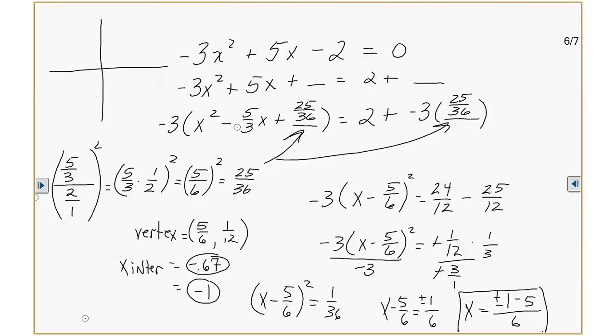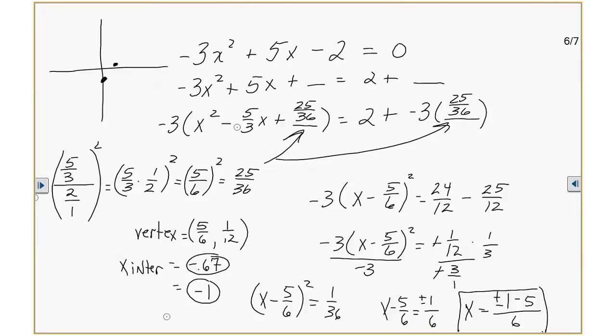My vertex and my y-intercept is negative 2. My vertex is 1 in the x direction, technically, and 1/12, which is a little bit over the x-axis, and I know something's wrong.